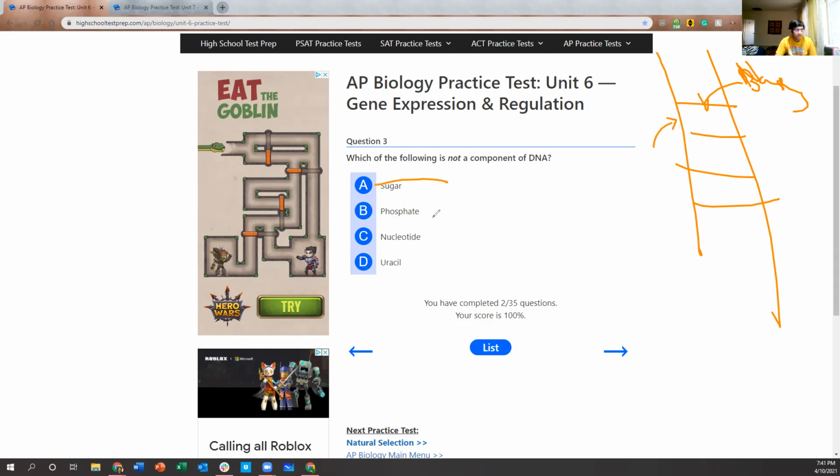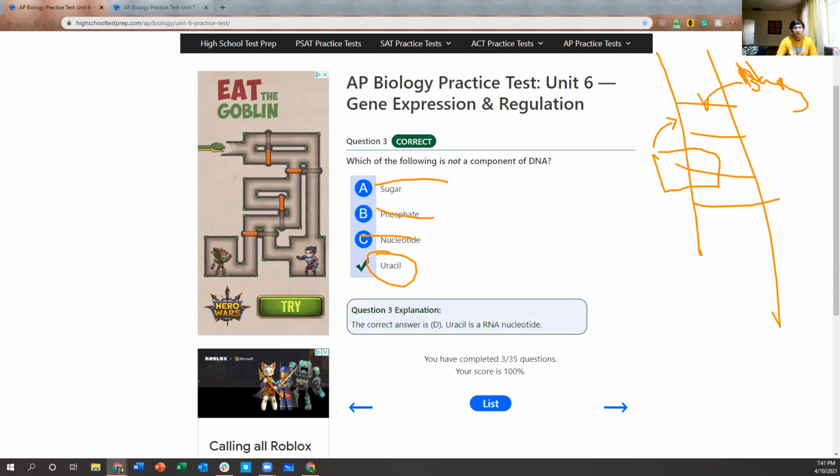So sugar is in there, phosphate is in there. Nucleotides are components of DNA. A nucleotide is when you have the phosphate, sugar, and then one base. Uracil isn't found in DNA. Uracil is in RNA, right? Because DNA has ATGC instead of AUGC.